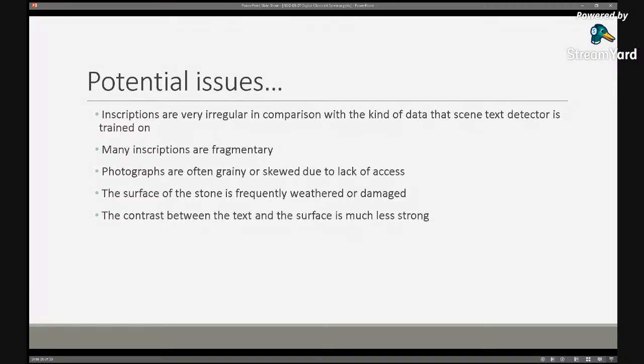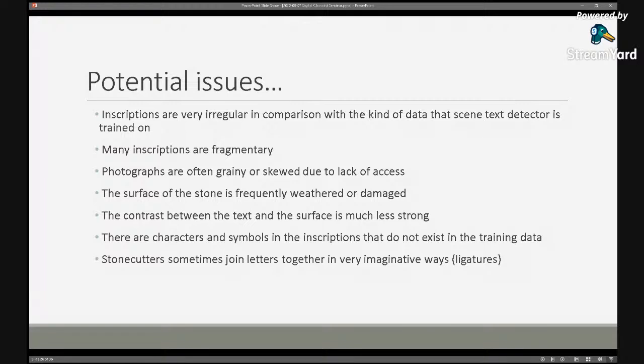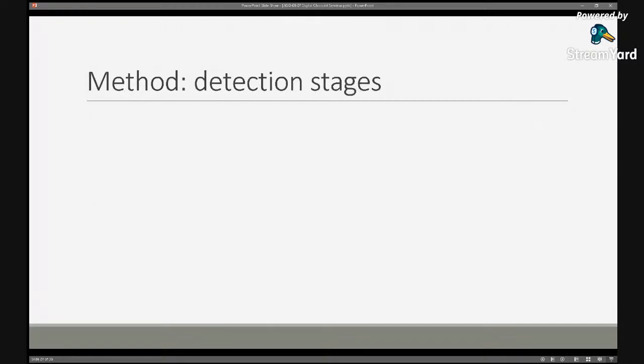The contrast in photographs of inscriptions is sometimes not very high between the text and everything around it. And of course, there are characters in the inscriptions that don't exist in the modern world. We also have things like ligatures in Latin inscriptions. That's where two or more letters are joined together. So there were quite a few issues that we thought we might encounter.